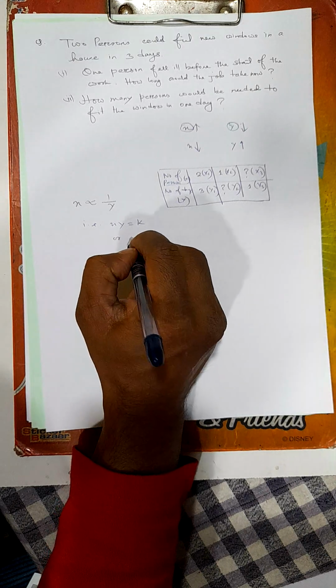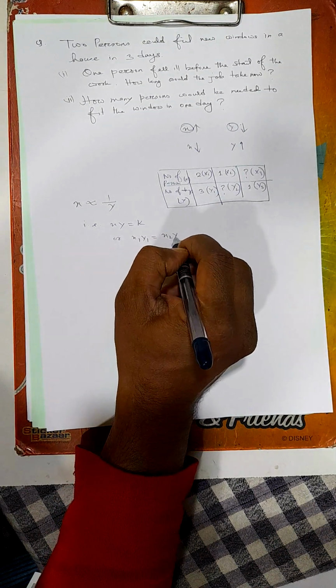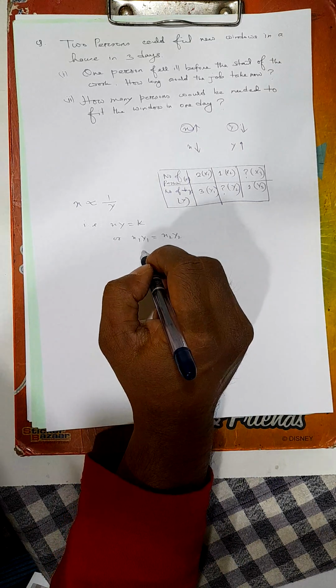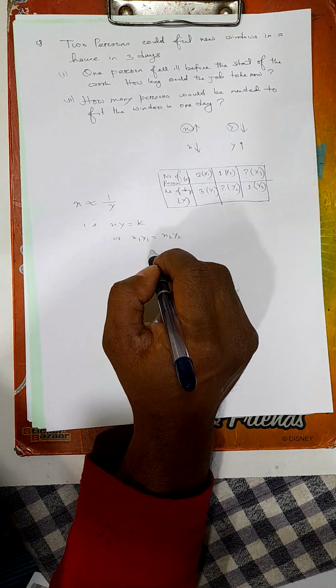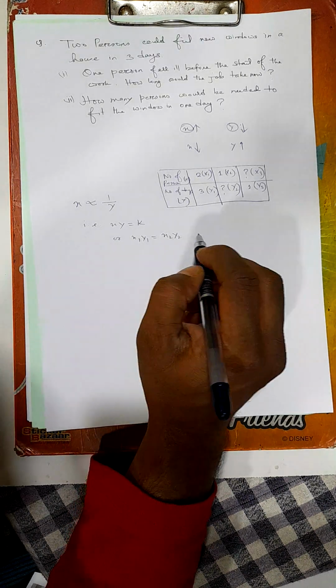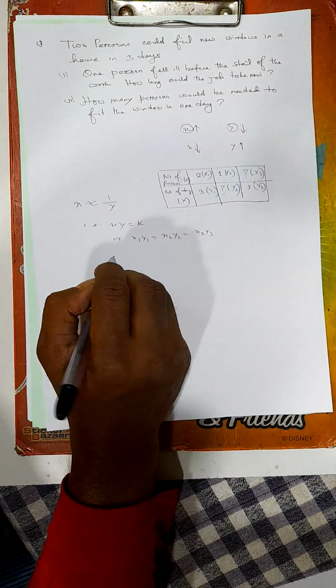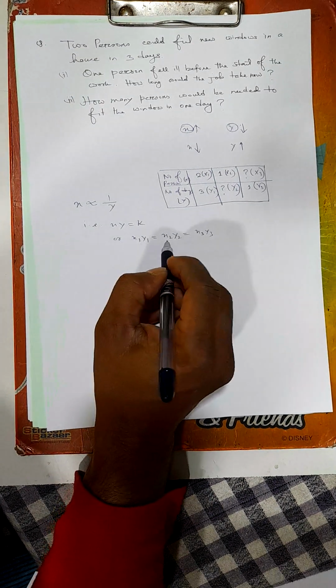Or you can write x1 y1, x2 y2. That means the product of different values of x with different corresponding values of y would be constant, x3 y3.